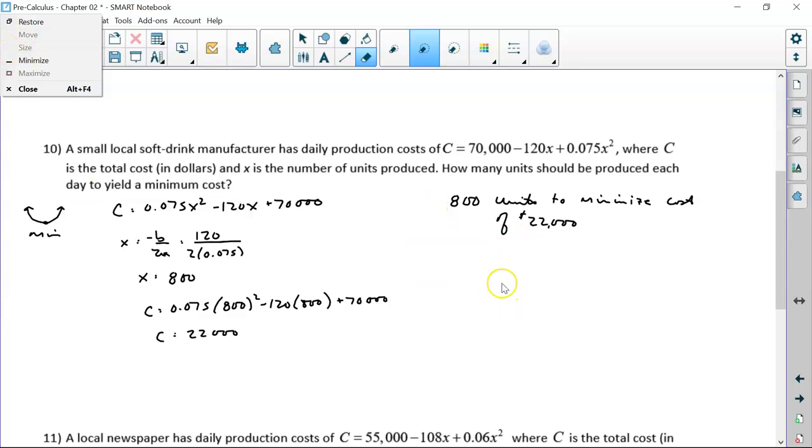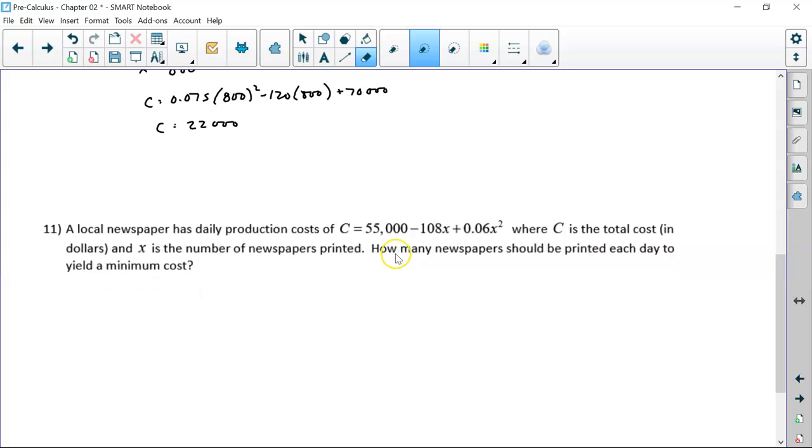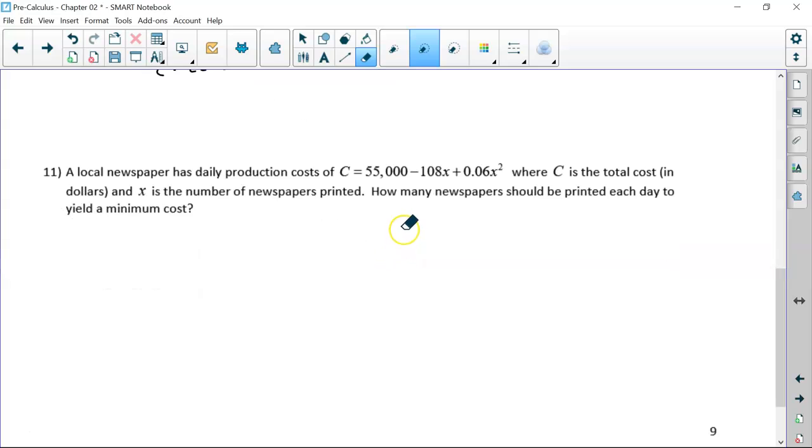And now for the last one here, 11, a local newspaper. You can see the costs. C is the total cost in dollars, X is the number of newspapers. How many newspapers should be printed? I like to look at this in standard form: 0.06x squared minus 108x plus 55,000.